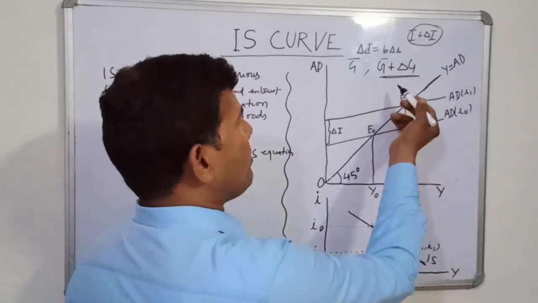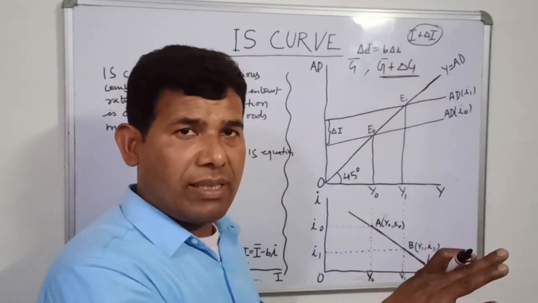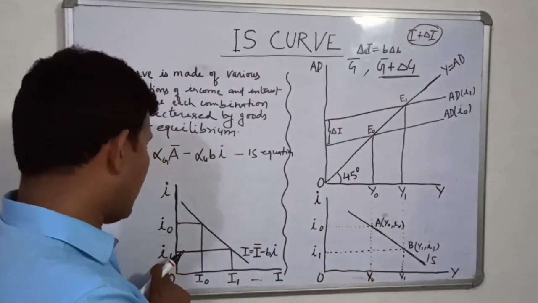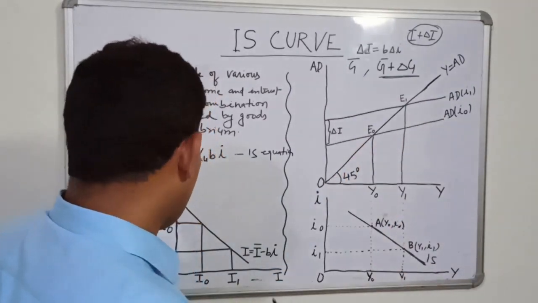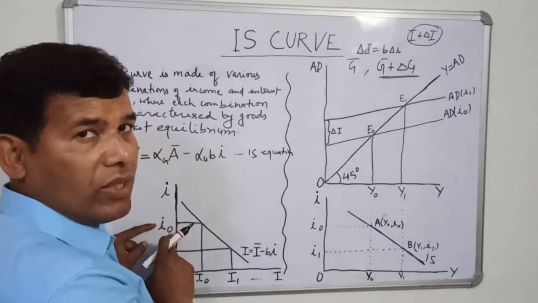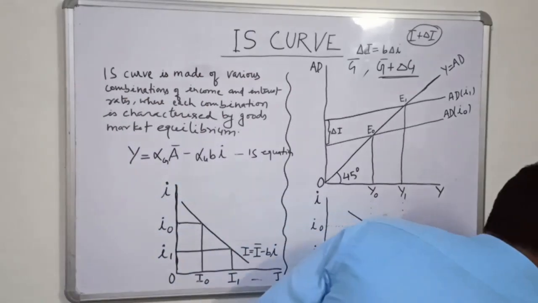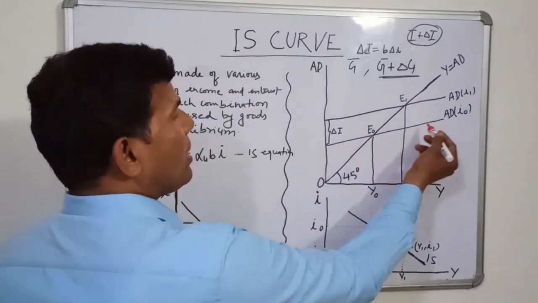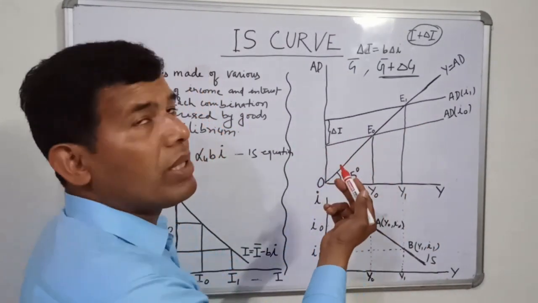So if government expenditure rises, this rise takes place for all levels of interest rate, right? Whether the interest rate is I0 or I1, there is a higher level of government expenditure. So suppose at I0, if government expenditure has increased, then what will be your aggregate demand line? The aggregate demand line will not remain this, right? It will shift up. How much will it shift up?